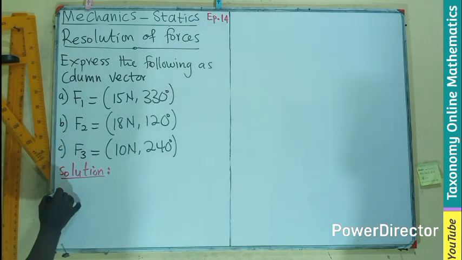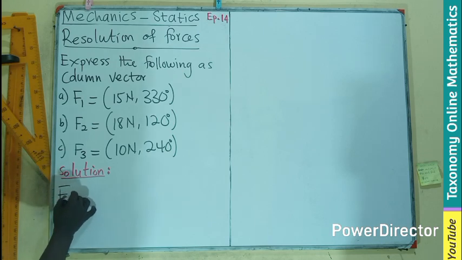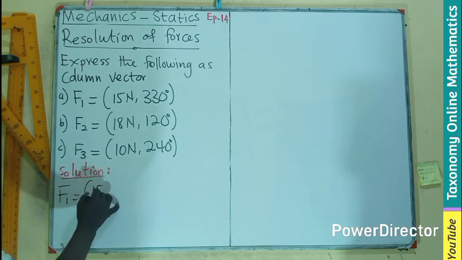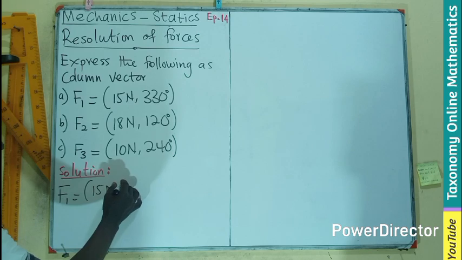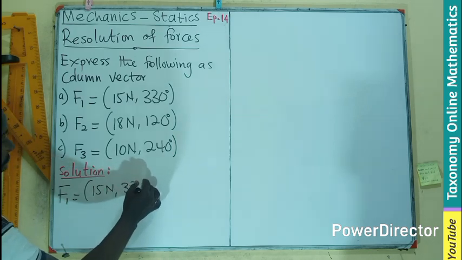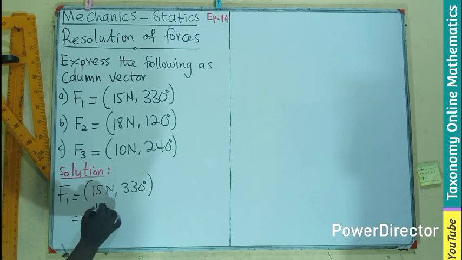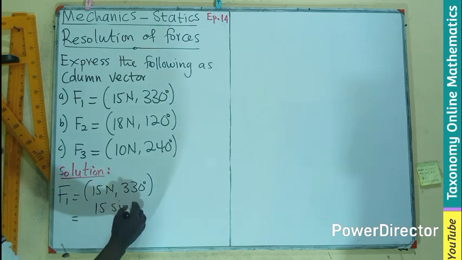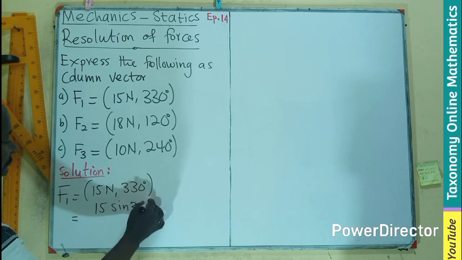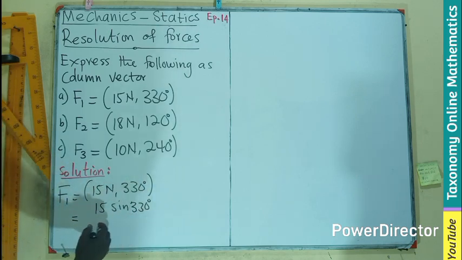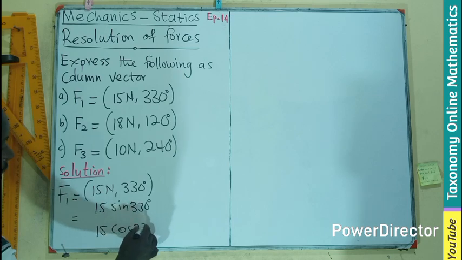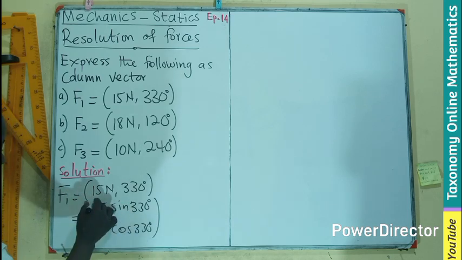If I take the first force, which is 15 Newton in the direction of what? 330 degrees. That simply means that I am going to have 15 sine of the angle 330 degrees for the x component, and 15 cos 330 degrees for the y component.